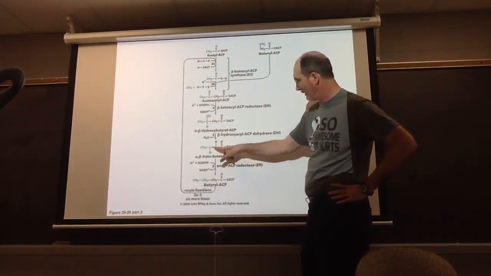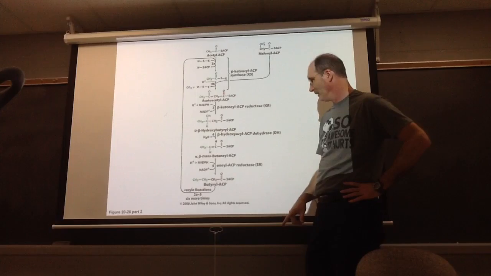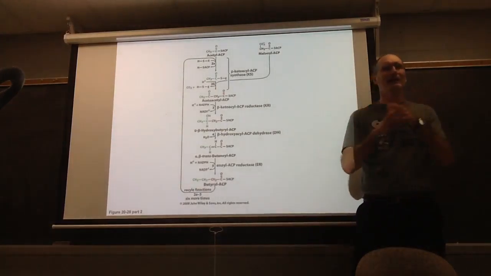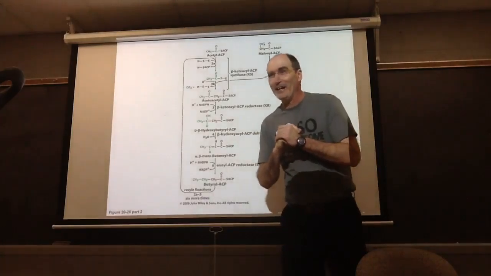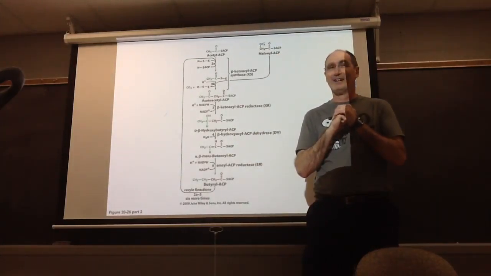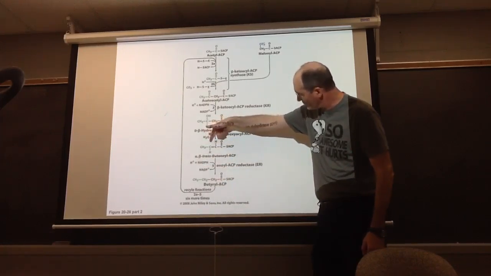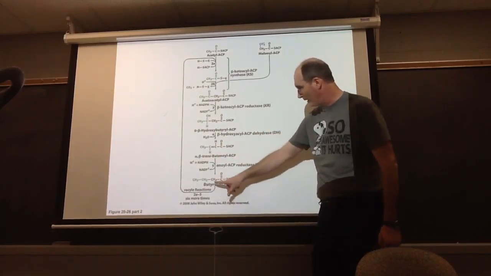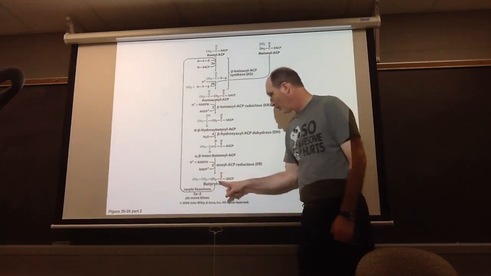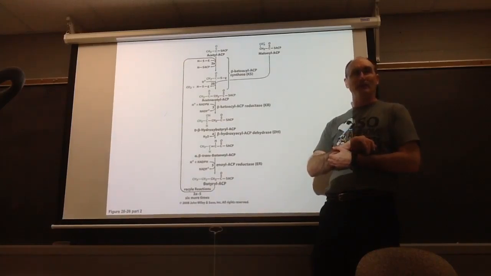We do the elimination, get the conjugated butenoyl-CoA, then in a nucleophilic conjugate addition, better known as a Michael type addition, the hydride from NADPH is directed to the beta carbon, making a carbanion on the alpha carbon. That is protonated, and we end up with our reduced acyl group still on the acyl carrier protein.